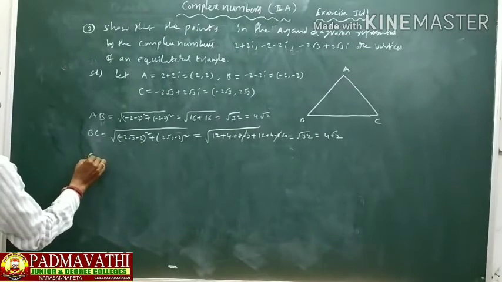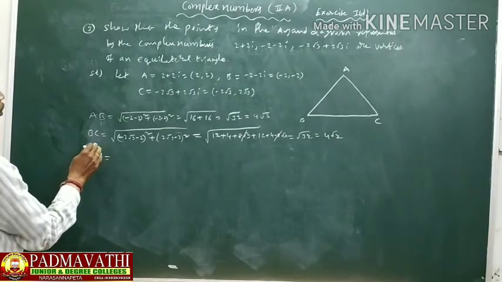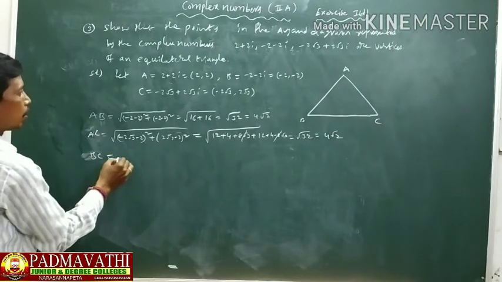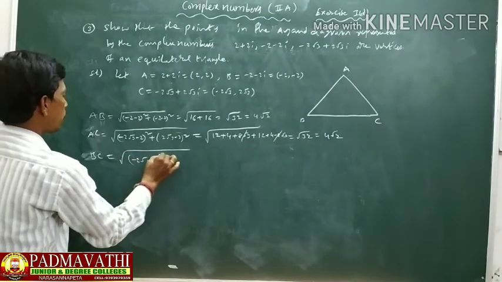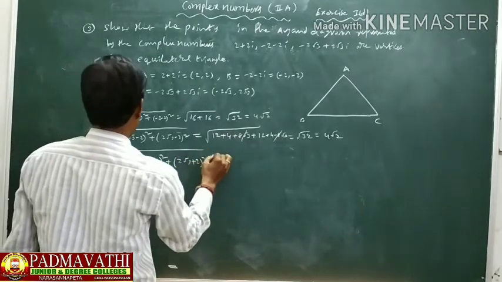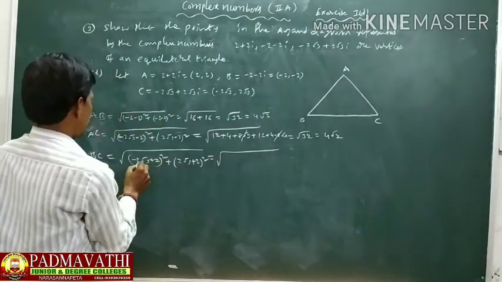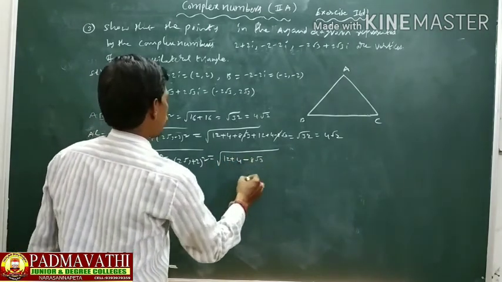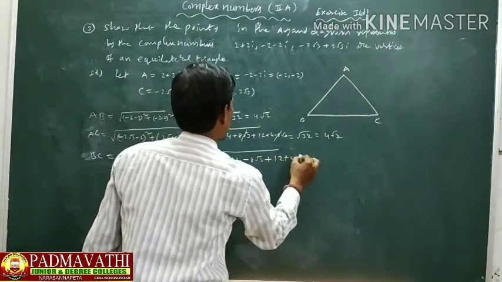Now CA, the distance between A and C. AC equals square root of (minus 2 root 3 plus 2) whole square plus (2 root 3 plus 2) whole square. Expanding, square root of 12 plus 4 minus 8 root 3 plus 12 plus 4 plus 8 root 3.